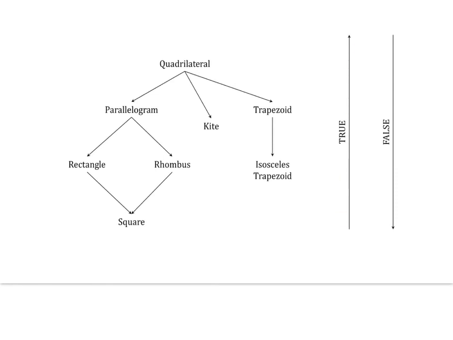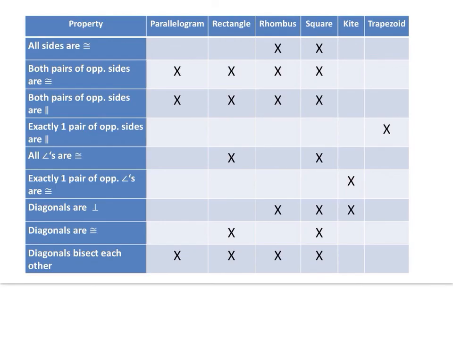Going up with your arrow is true, going down with your arrow is false. And this is a great summary chart of all the properties that any of your quadrilaterals will have. It also allows you to see which quadrilaterals have what properties in common. So it's just a great way to study for all the properties in one snapshot. So take a moment to fill in your chart and use this as a study tool.